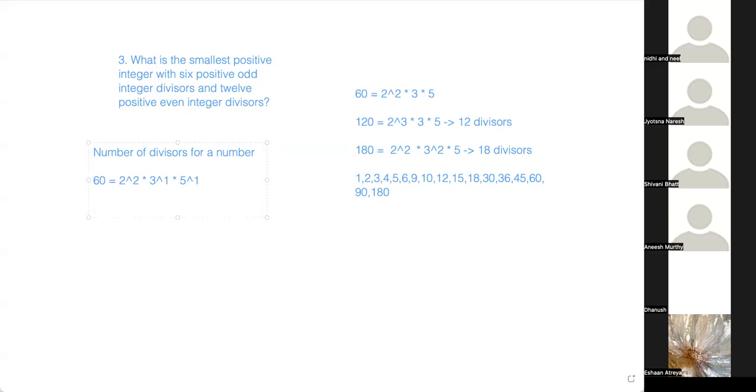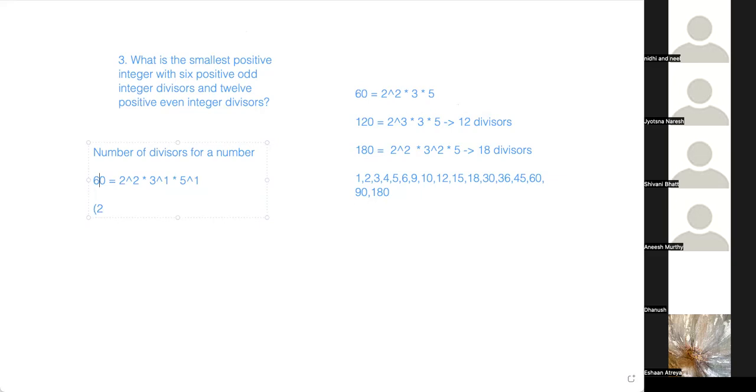Okay. So we know it's 2 to the power 2 times 3 to the power 1 times 5 to the power 1. In this case, how many divisors does 60 have? Okay, so the trick is actually you can take each exponent.